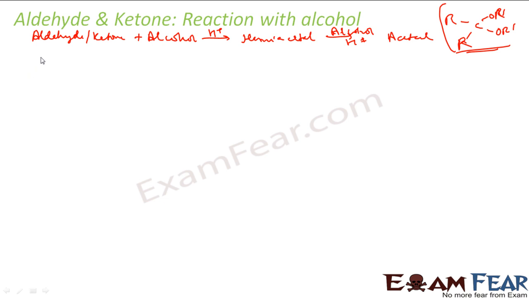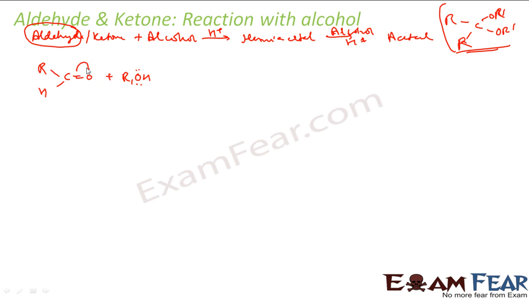See the reaction mechanism. Generally it is for aldehyde, but ketone also takes part in this reaction because aldehyde is more reactive than ketone, but both of these take part in this reaction. So I have R, CHO, let's suppose I have this, and I have my alcohol, let's suppose R1OH. Oxygen will have this lone pair of electrons.